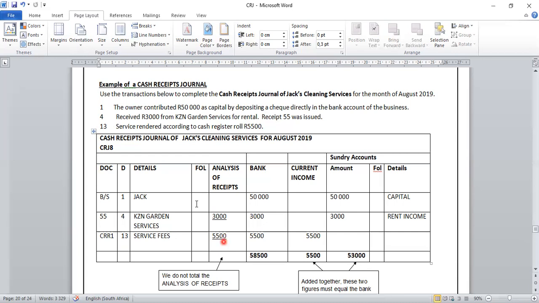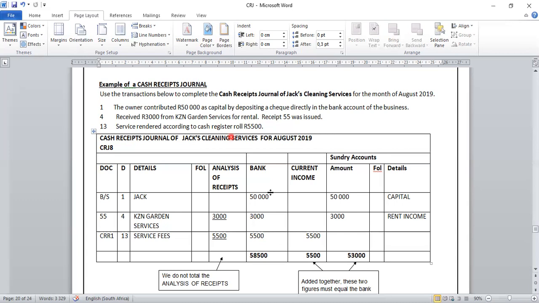A question to ask ourselves: are we receiving more monies on this day? The answer is no, we are not receiving any other monies on this day. Then we have to underline, we're closing the shop, and we are going to deposit this money into the bank. Why did we receive this money? It's for service fees.